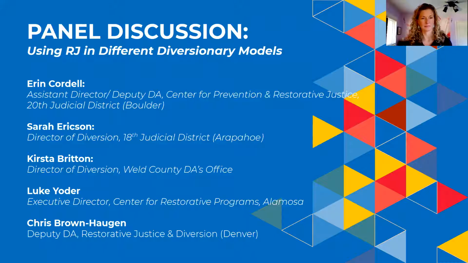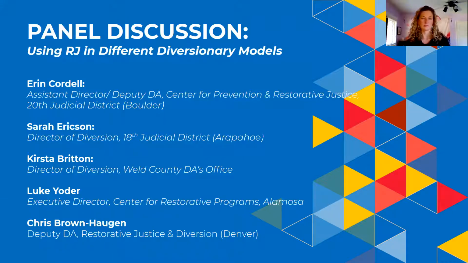Because of how we came to RJ in this legislation, it really came from the top down. Our elected DA came to me and said, we're going to do this. We had that leadership at the top that was really beneficial, saying that we're going to do this. But there are a couple of quick things that I want to say in regards to getting that prosecutorial buy-in.